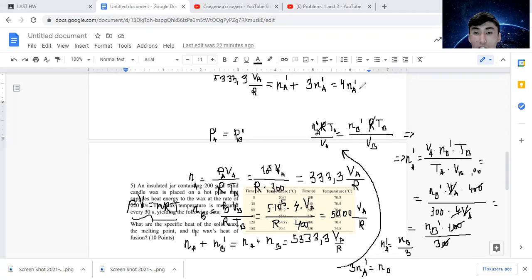So here we can find NA easily, right? So let's write the result of calculation. Here will be 1,333.3 VA over R. So we found the number of moles for the A container after the valve is opened.